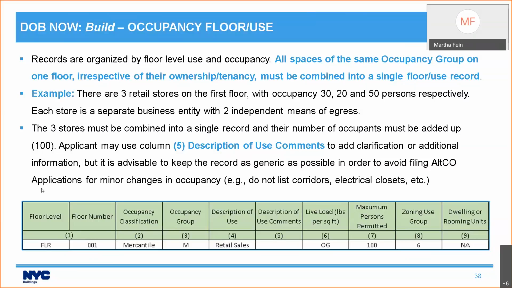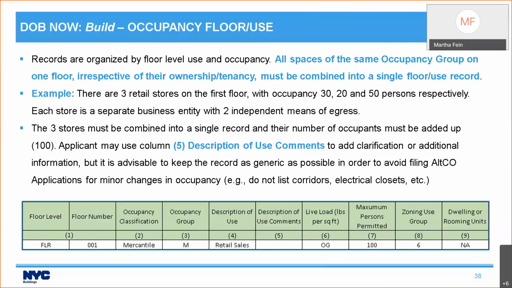Now, when you enter information about a floor use, this is just a chart showing you the fields that you'll be entering. And I'll go into how you enter those fields in a little bit. But there is a field. It is not a required field, but it is an optional field called Description of Use Comments. You can use that field to add clarification or additional information.